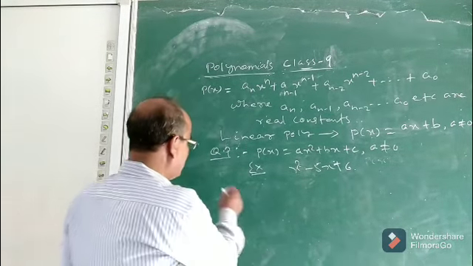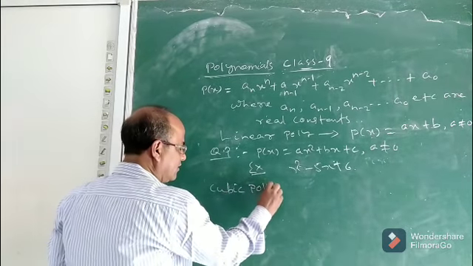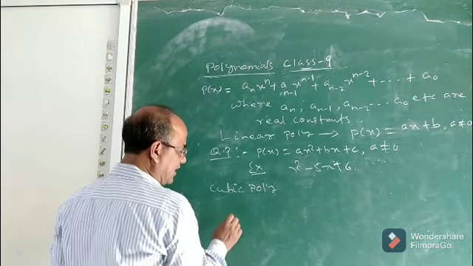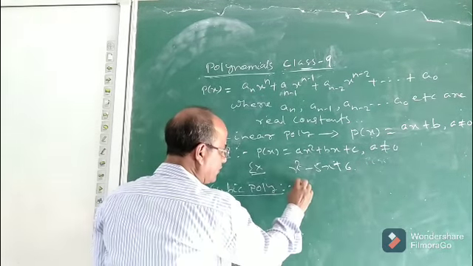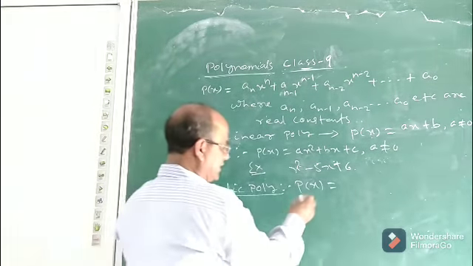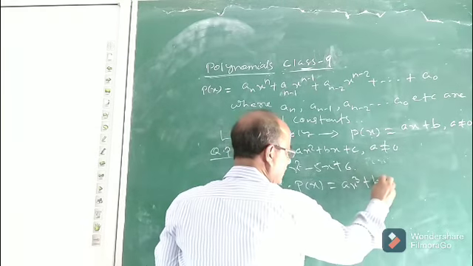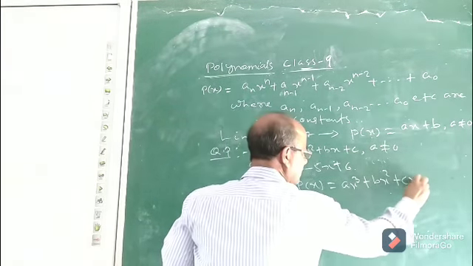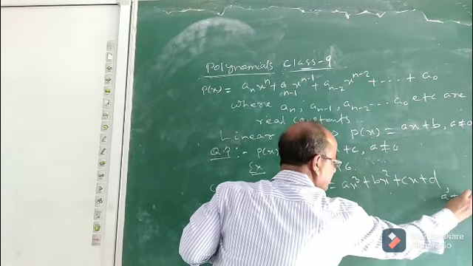Okay. Similarly, what is a cubic polynomial? Of course, this was not there in class 8. Cubic polynomial: any cubic polynomial, suppose p of x, will be of which form? It will be of the form ax cubed plus bx square plus cx plus d, and a not equal to 0.